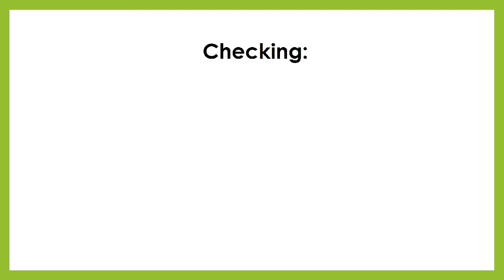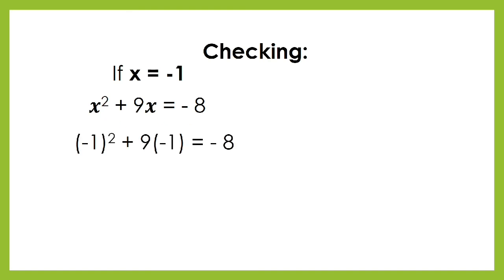Let's do the checking. The first factor is negative 1. Substitute negative 1 to the original equation. X squared plus 9x equals negative 8. Our x is negative 1. Therefore, we have negative 1 squared plus 9 times x is negative 1 equals negative 8.